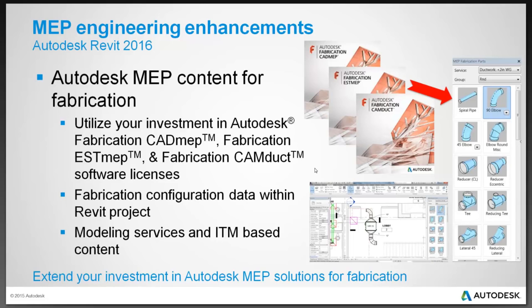This new functionality enables MEP level of detail 400 components to be modeled and coordinated within the Revit environment. Supporting Autodesk fabrication content within Revit helps existing fab customers migrate to Revit when they're ready, helping them to be more productive sooner.